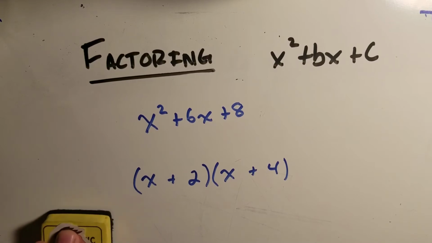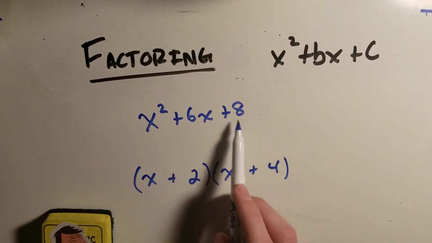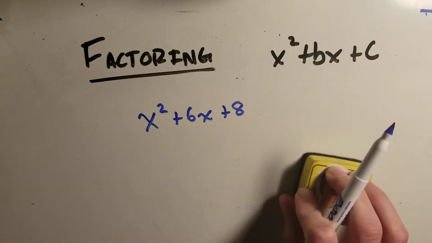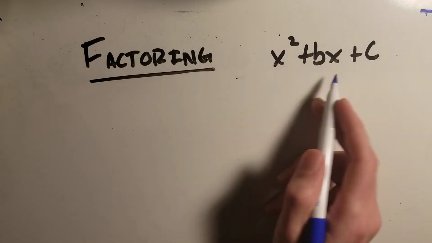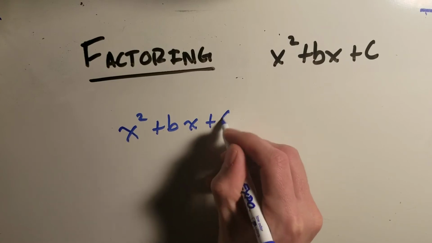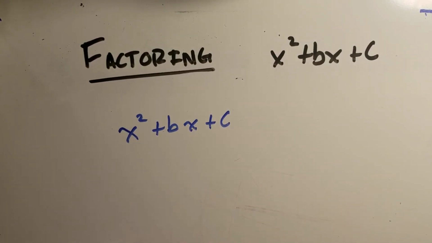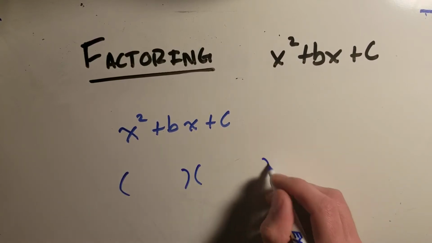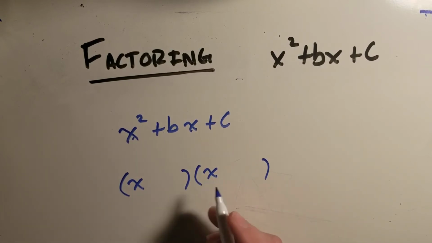So if we have a trinomial with a coefficient of 1, then there's a special relationship here that we're going to see if we can recognize in future ones. Now the form is, right here, x squared plus bx plus c. If we're in this form, a quadratic trinomial, to factor, it's going to end up being two binomials. So x squared, so it's going to be x times x.